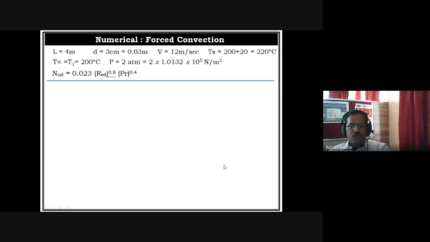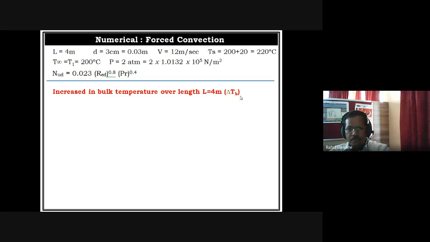Secondly, they asked to find the increase in bulk temperature over a length of 4 meter. That means delta T for the bulk air, so we denote it with suffix b. Now the mass flow rate. Remember, it is forced convection, so whatever air is there is continuously flowing.